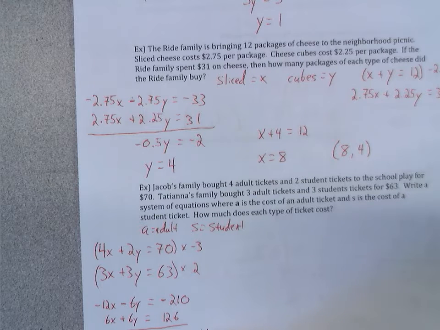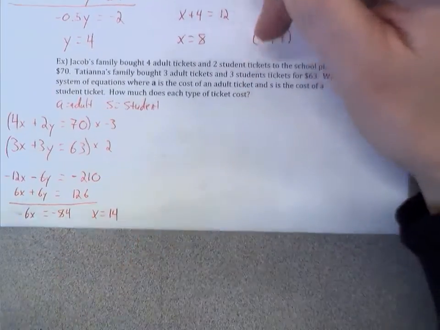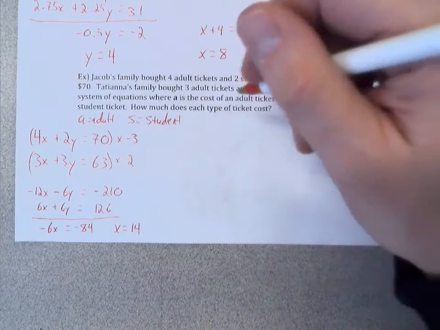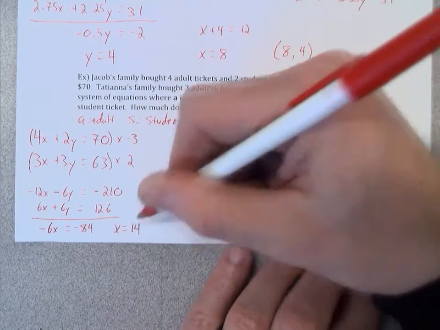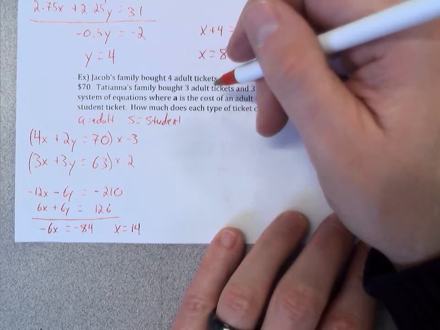So we now know that an adult ticket costs $14. Well, how much is a student ticket? Let's plug that 14 into one of the original equations. I'm going to put it into the 3x plus 3y equals 63.